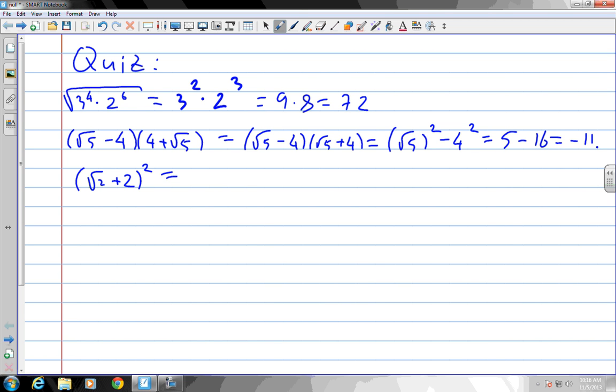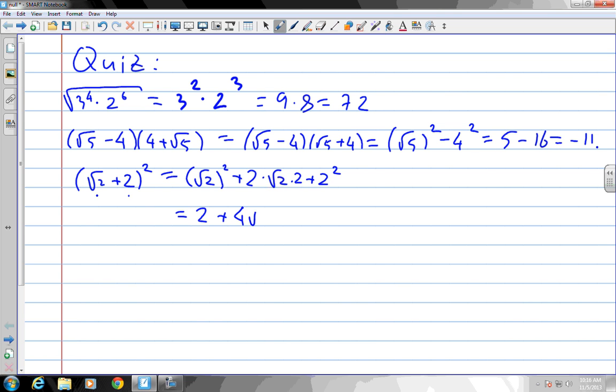Now what about the last one? Right, so I need to use our formula, so it's square root of 2 squared plus the double product of that and that, so 2 times root 2 times 2 plus last squared. So if you compute that, square root of 2 squared is 2. 2 times 2, right?